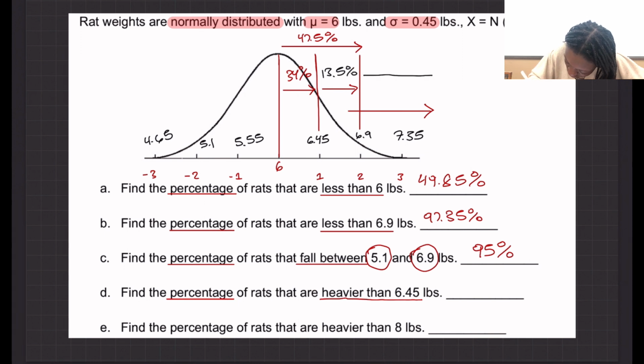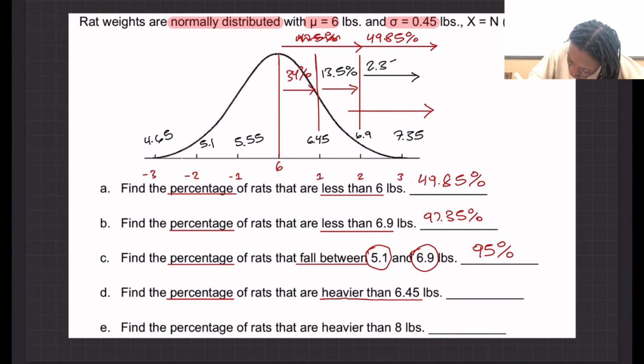And then we need to find the distance from here to here as well. Now remember, the total distance from the middle to the third deviation is 49.85%. We don't really need this anymore. So again, I'm going to do a little subtraction. 49.85% minus 47.5 is 2.35.